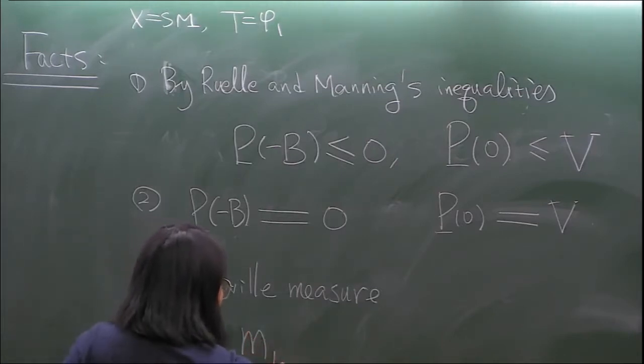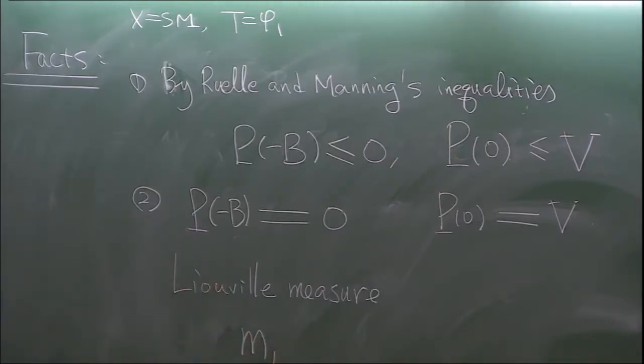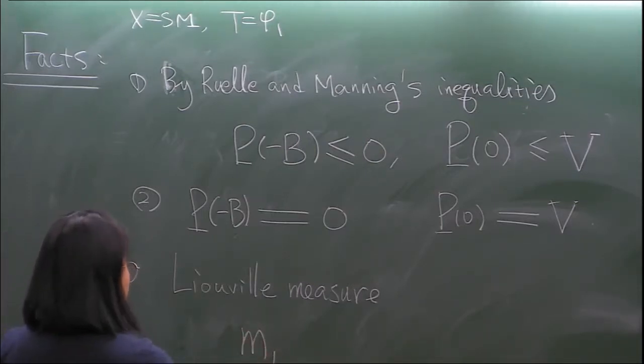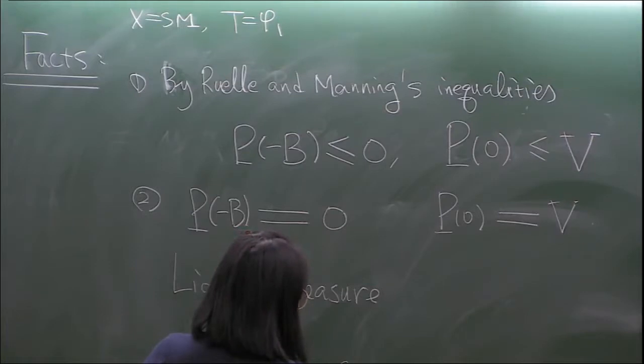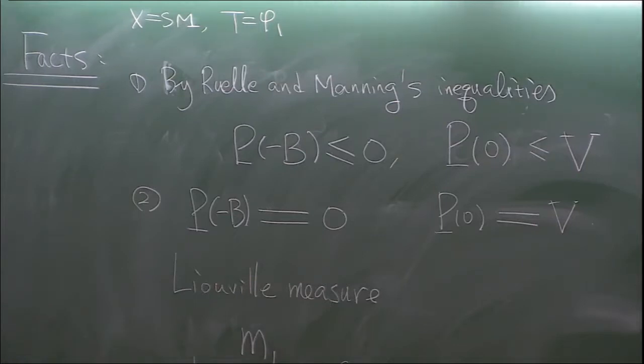We have to show the volume is invariant under the geodesic flow, and also we need to show this entropy phi 1 will equal the integral of this B with respect to this one, right?